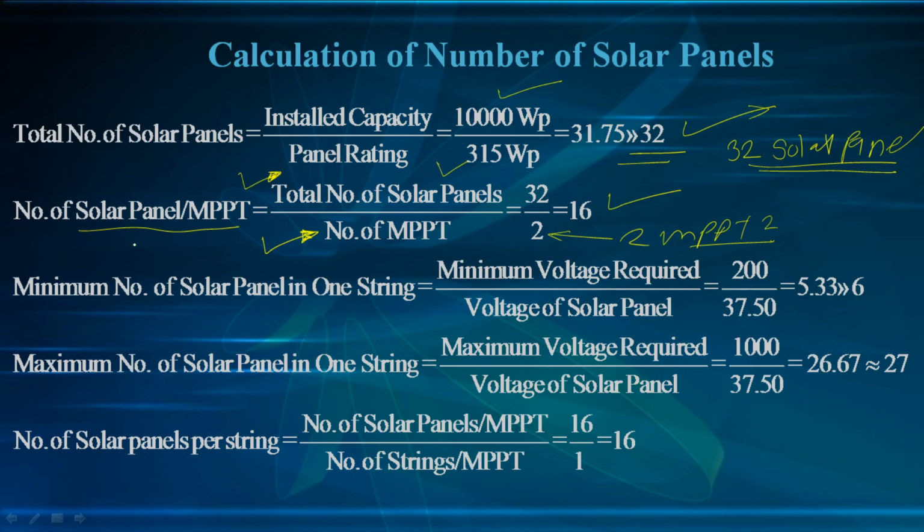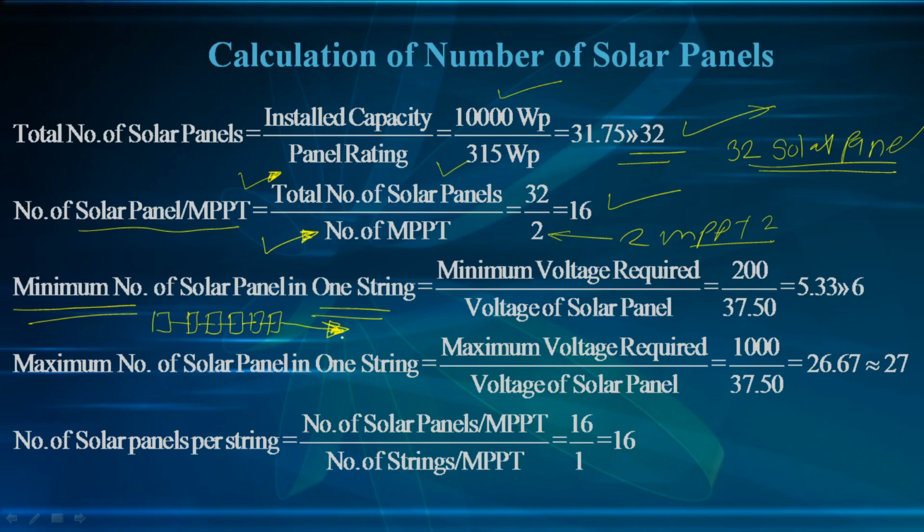Once we have decided how many panels to connect per MPPT, next we calculate the minimum number of panels we should connect in one string. It means in one row of solar panels, connected in series combination, how many minimum panels are needed so that the voltage falls within the acceptable voltage range of the inverter.